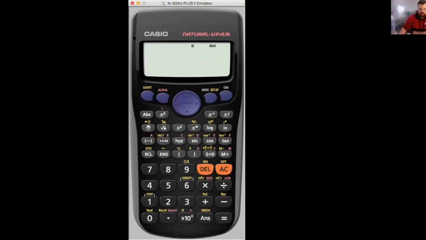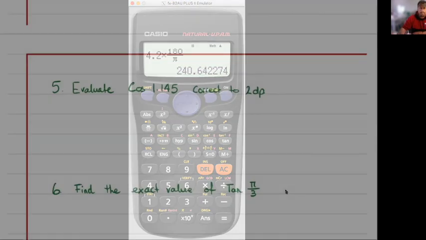With my calculator, I'm literally just going to do 4.2 times 180 on pi. And here we can see it's 240.6422. So that just becomes 240 point, how many decimal places? 1, so 6 degrees. Cool.